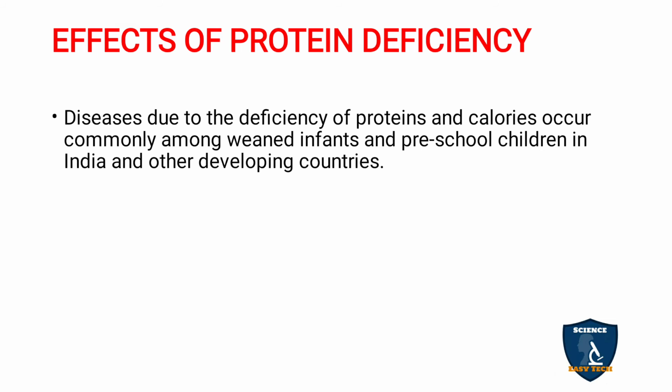Okay, for the infant who is above 6 months of age, along with the breast milk, you have to start weaning food. Suppose if you are not going to start, the child can go in for protein energy malnutrition. So this is mostly seen in weaned infants and preschool children, that is under 5 children. It is more common in India and other developing countries.